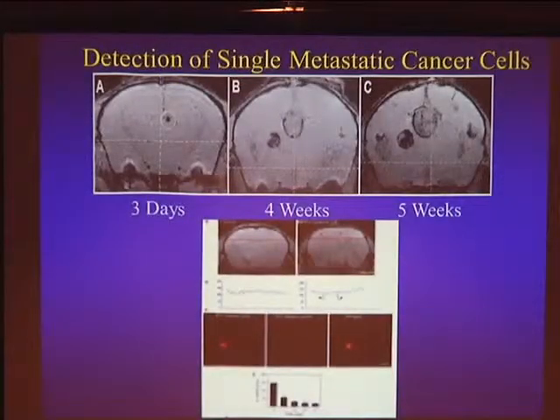And one of our first favorite examples of this is Cathy Kelly at the NIH. She likes to watch prostate tumor cells metastasize to the brain and treat them. And she was able to, after a few weeks, count tumors. So here in the MRI, 5 weeks later, you can see tumors that arose from these prostate cells that she injected IV.